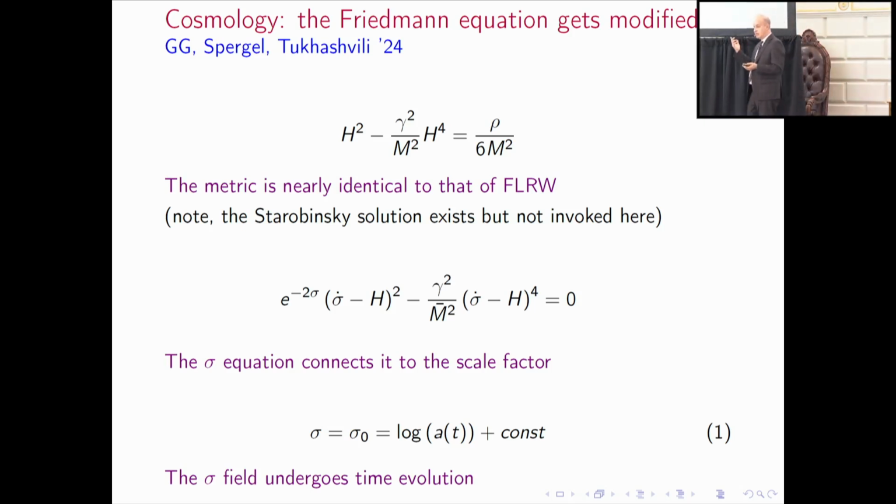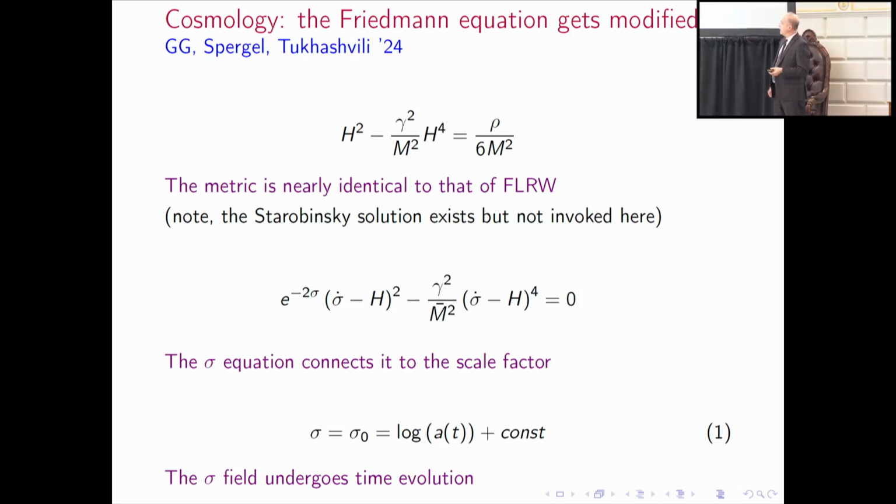So this theory has that solution, but it's not utilized here. Maybe it's a next project we can do at some point. The solutions that I'll be talking about are the ones in which that term is a small correction. So these are still solutions which are very close to conventional FRW solutions that we use in ordinary cosmological fits.